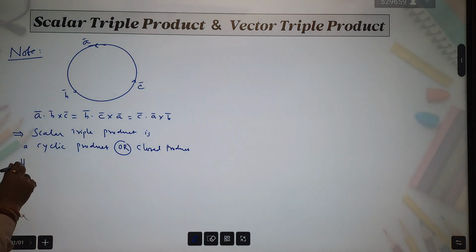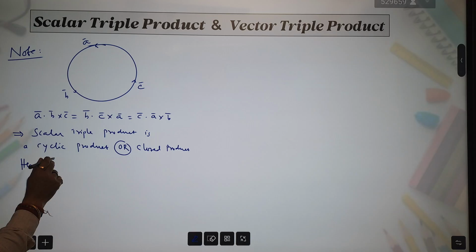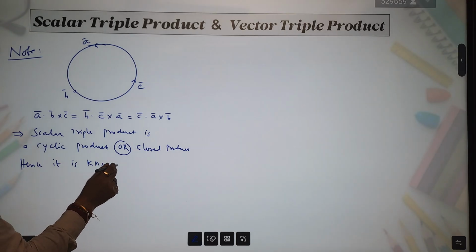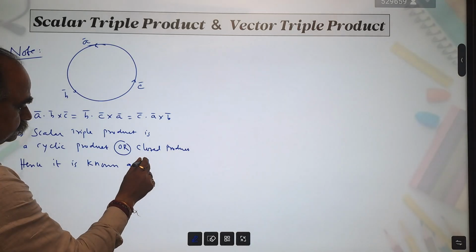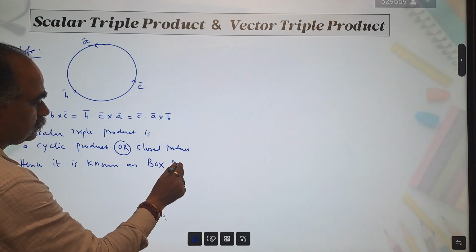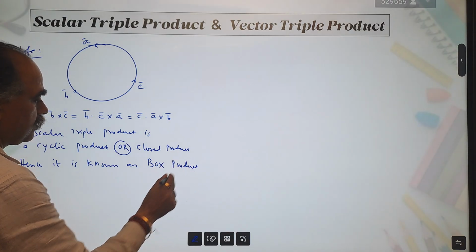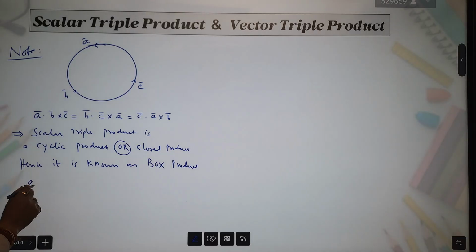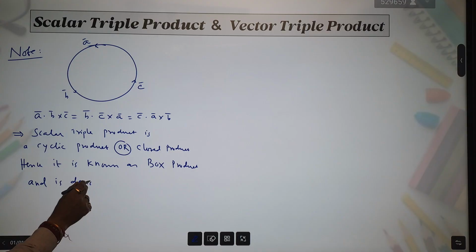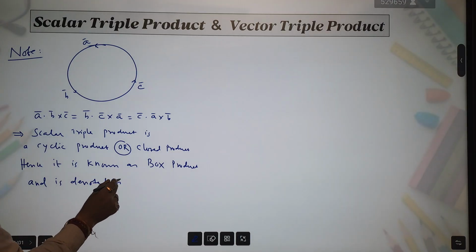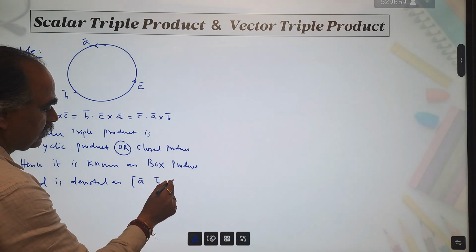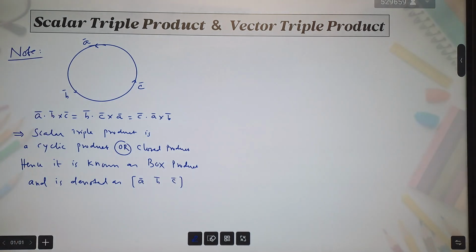Hence, it is known as box product and is denoted as box A bar, B bar, C bar.